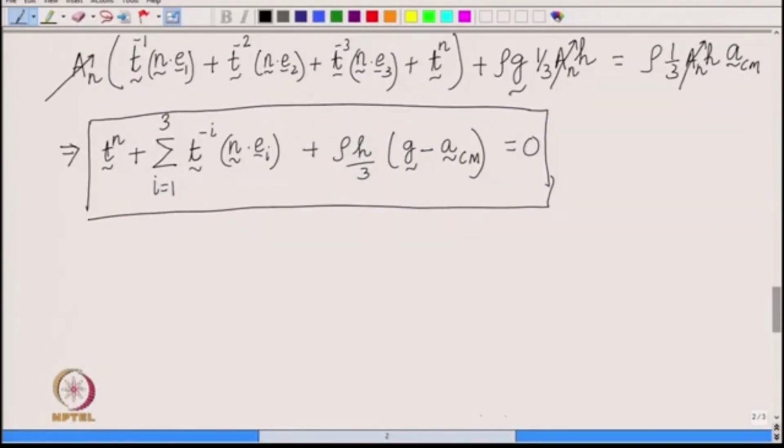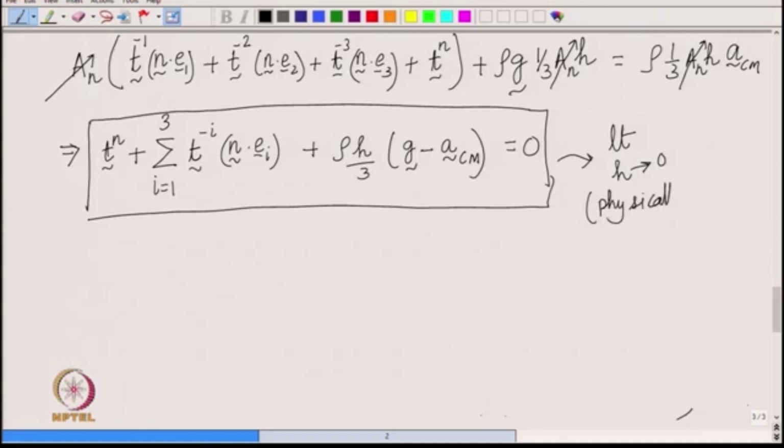Come back to the formula that we derived here, and in this formula I am going to apply the limit h going to 0. And what is this physically doing? So, physically this is shrinking the tetrahedron to the point x.